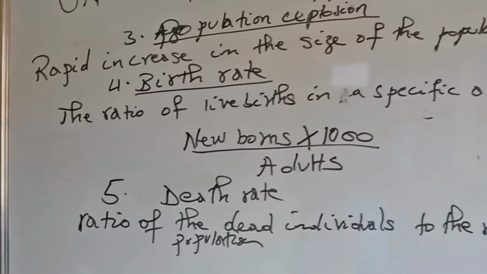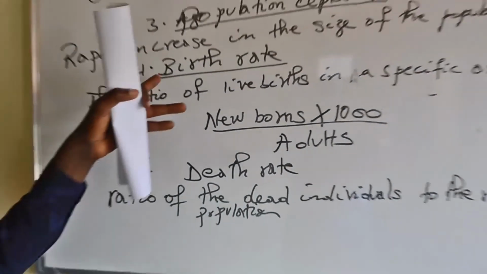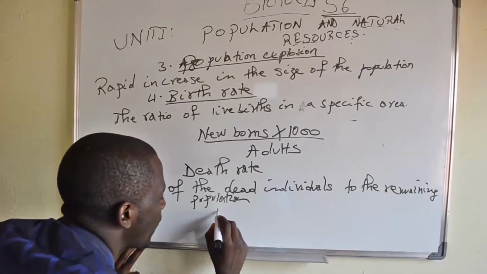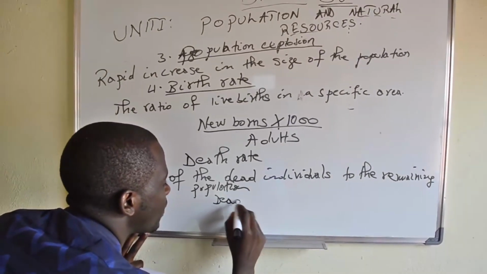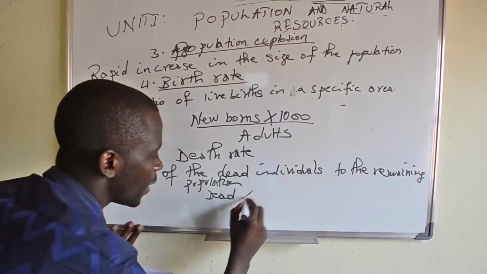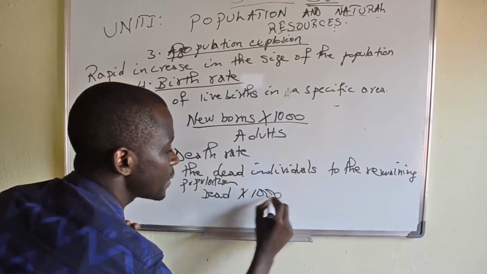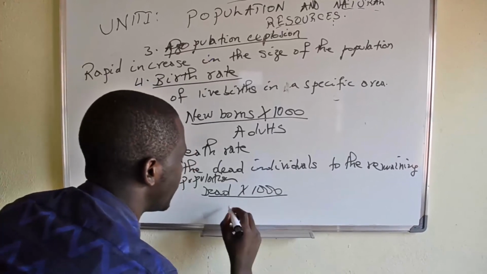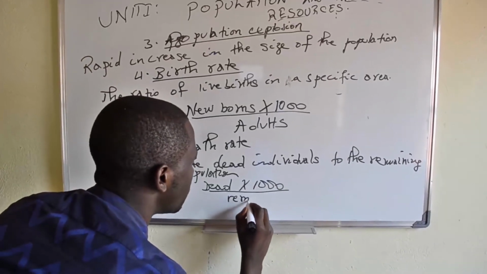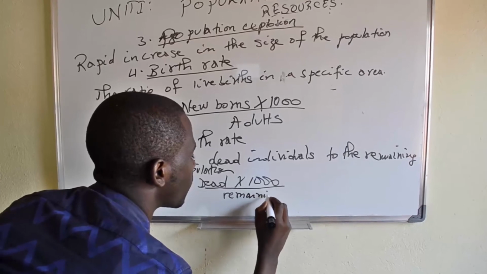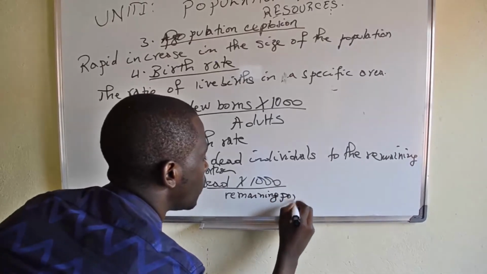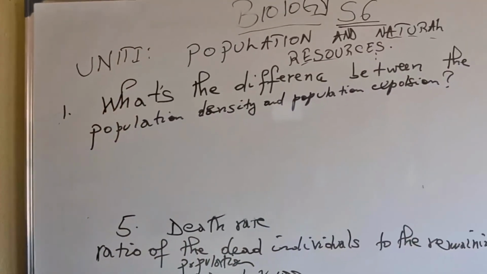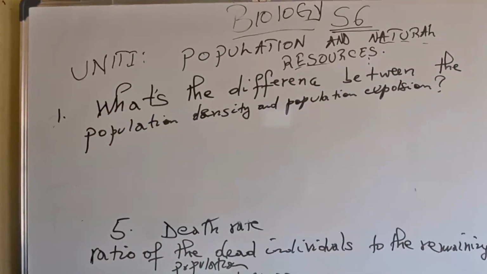So its calculation isn't different from the birth rate. We also take the dead individuals, multiply by 1,000, not 100, and divide by the remaining population. Remaining population.